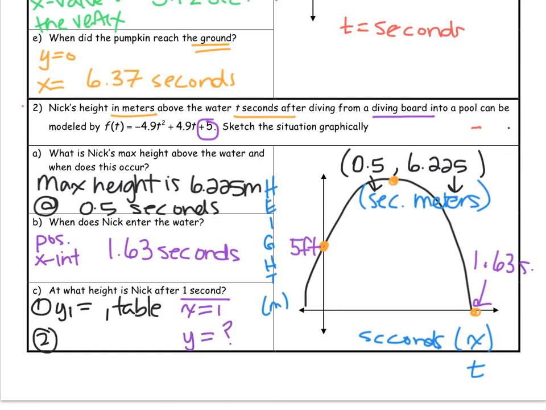Your second option is to sub x equals 1 into the equation for Nick's diving, which is negative 4.9x squared plus 4.9x plus 5, where I'm just replacing the t with x.